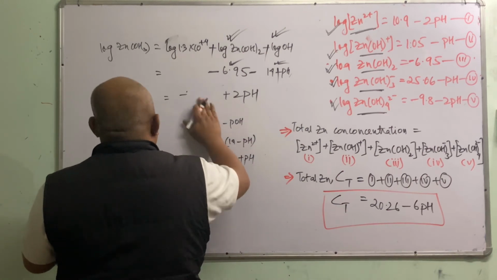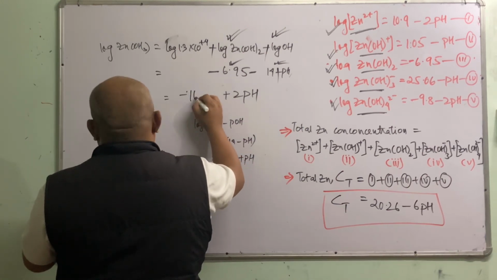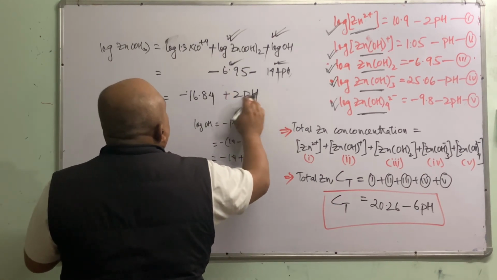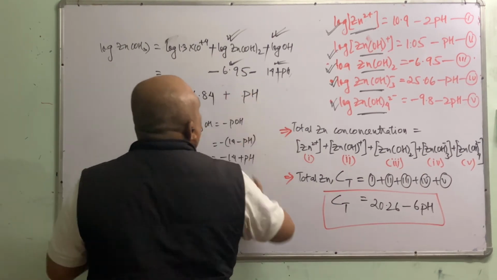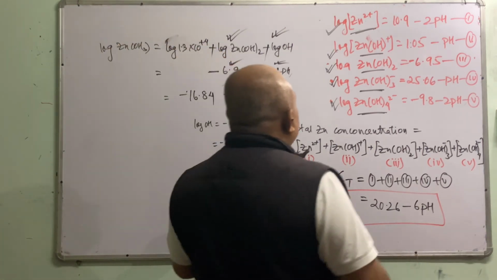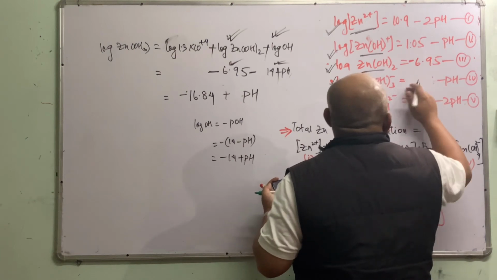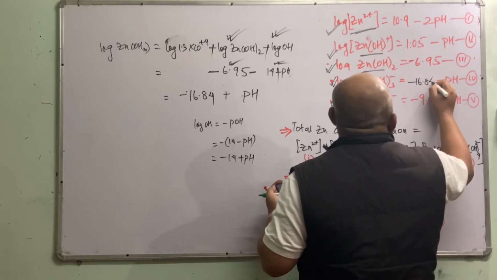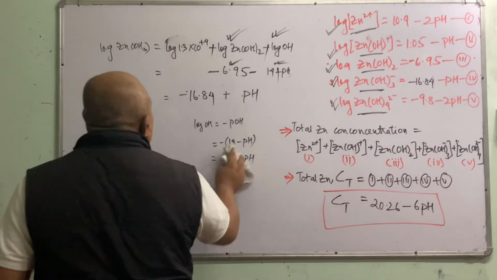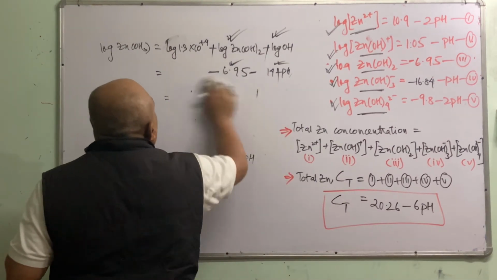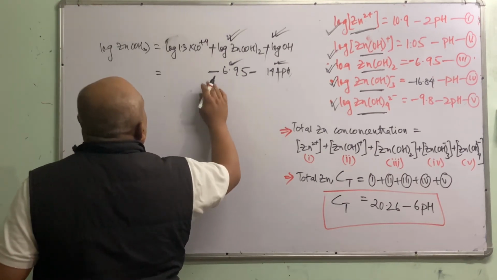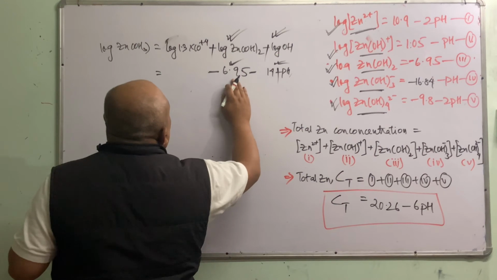This is minus 16.84. This is plus pH. Minus 16.84. Correct. This is minus 6.95.